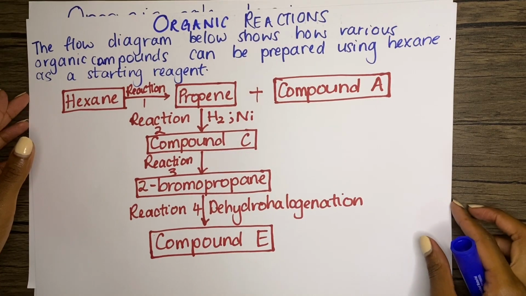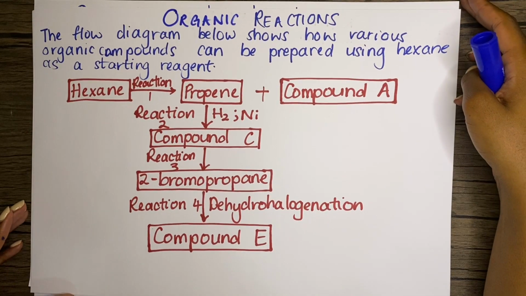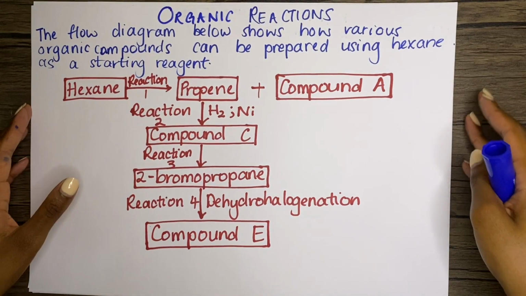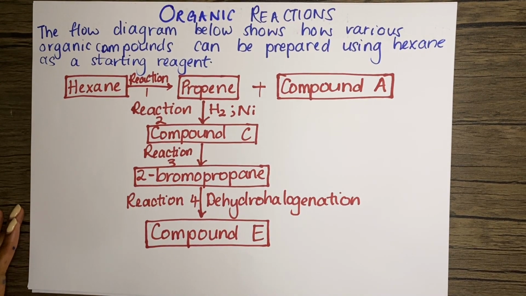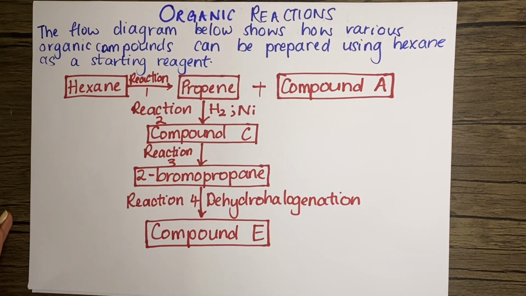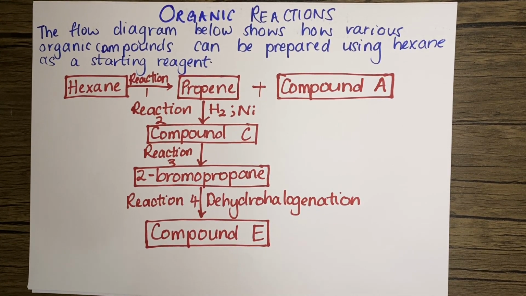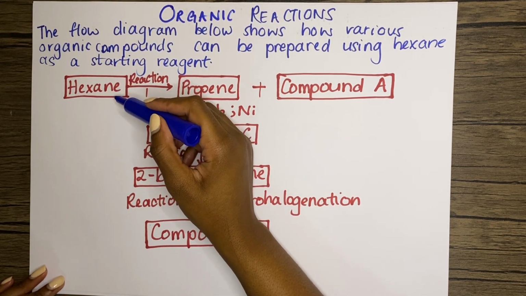Right, in the diagram that we are given here, it's various ways that are used to prepare compounds using hexane as a starting reagent. So if you look at reaction 1, there's hexane to form propene. Okay, let's start with the hexane.